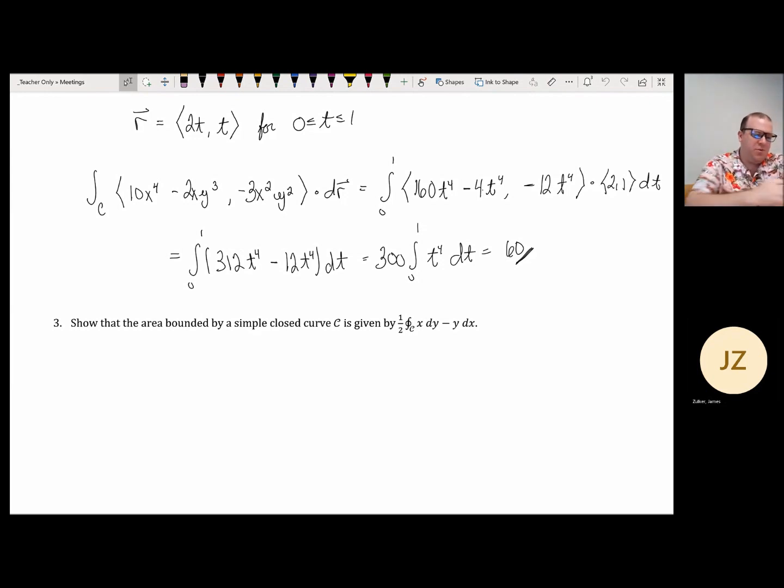So if the area bounded by a simple closed curve C is given by one half the circulation of x dy minus y dx.